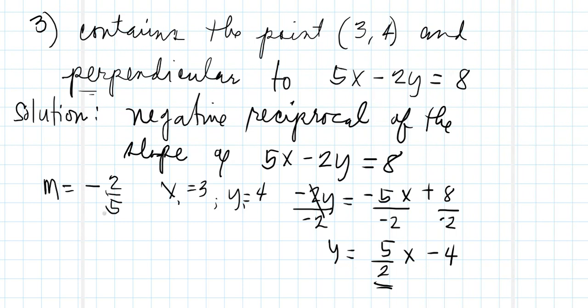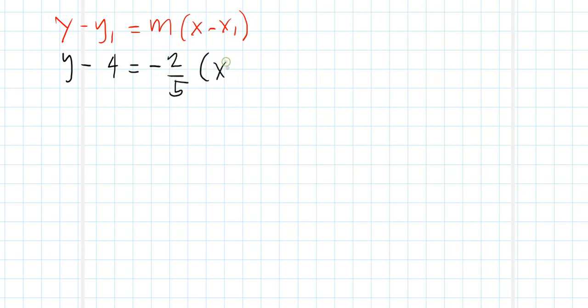Using the equation y minus y sub 1 equals m times x minus x sub 1, we substitute the values: y minus 4, your slope is negative 2/5, times x minus 3, because of the point (3, 4).